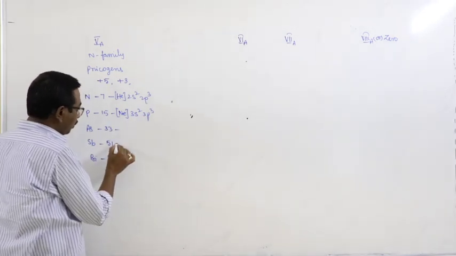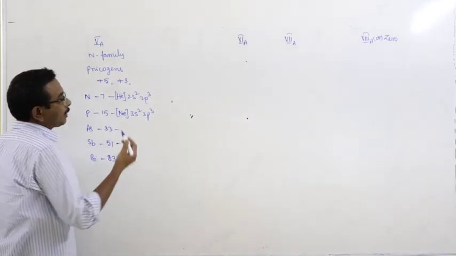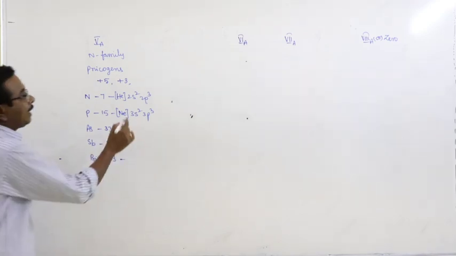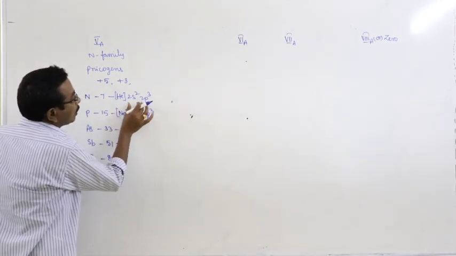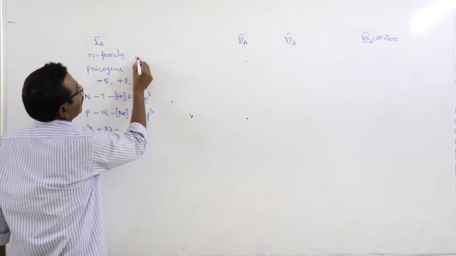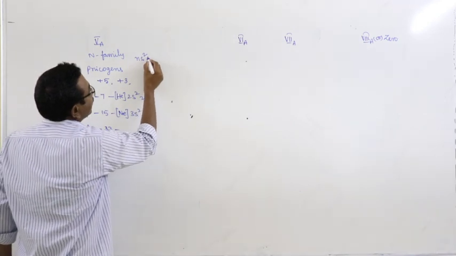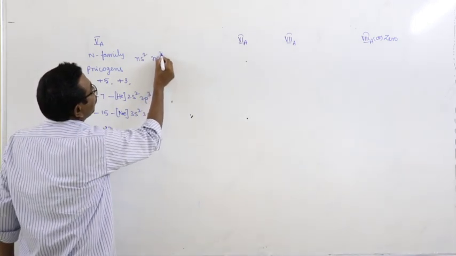Arsenic 4s2 4p3. Antimony 5s2 5p3. Bismuth 6s2 6p3. And here from the outermost electronic configuration we can easily identify that the general electronic configuration of 5A group elements is ns2 np3.